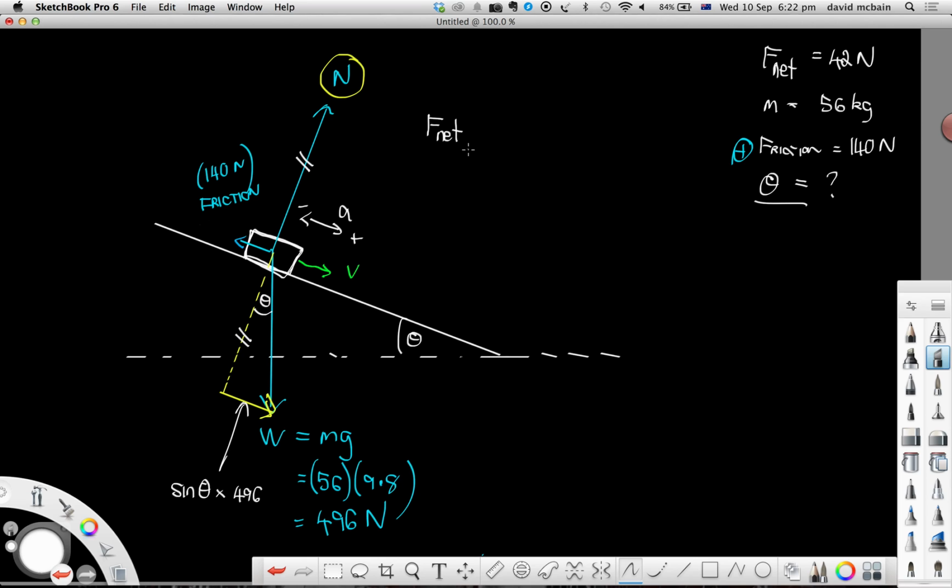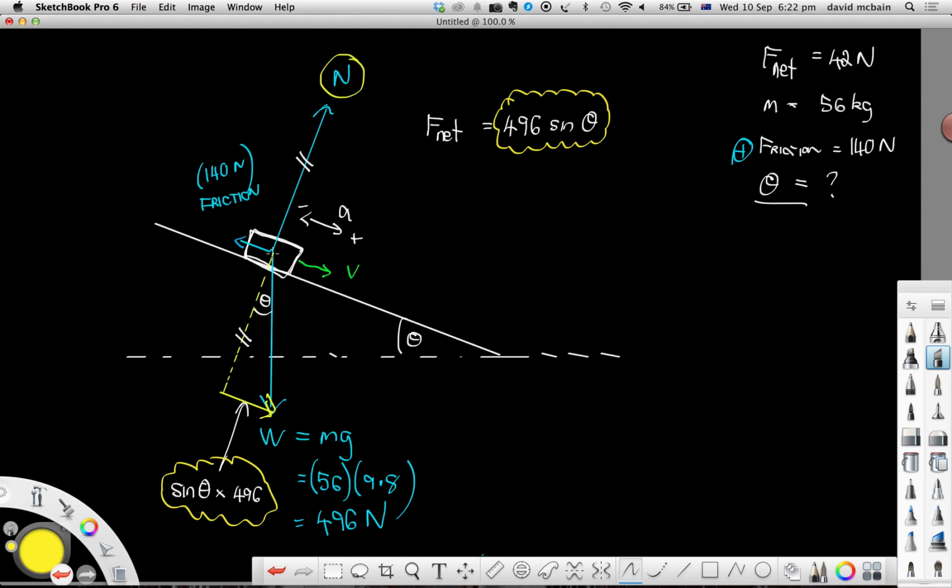The net force is going to be 496 times the sine of theta. That's the weight component, the yellow part of the force, this thing here. And plus the friction force.